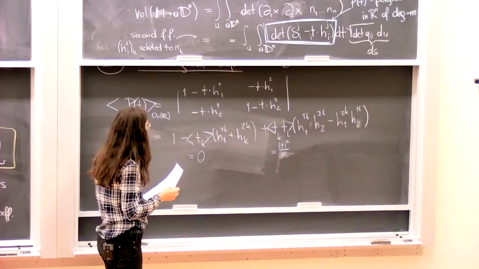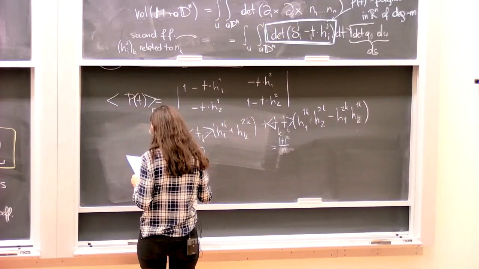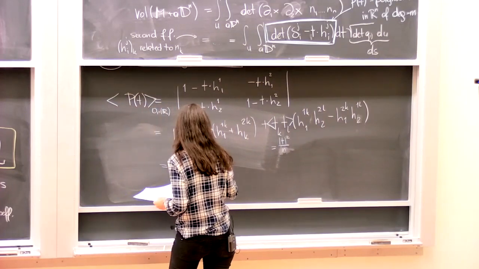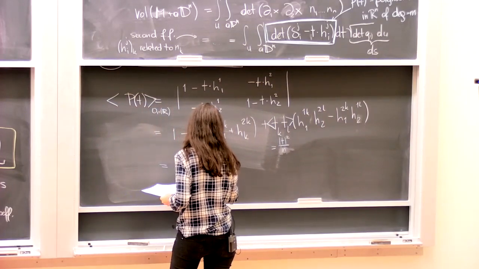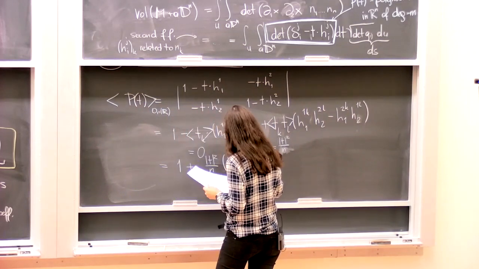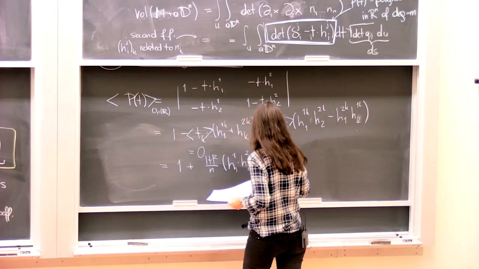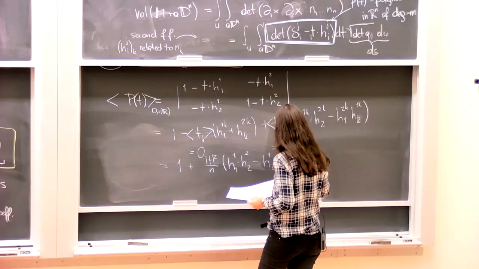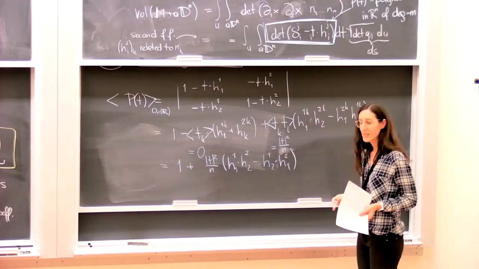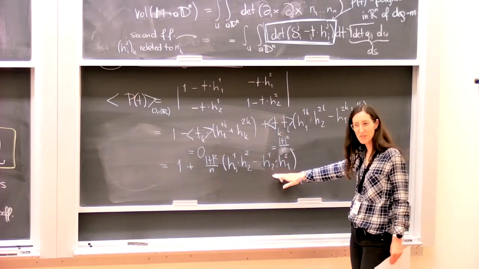So what actually remains after I do this averaging is 1 plus t squared over n times h1 1 2 2 minus the mixed terms. Okay, already looks a little bit better, but we still have the extrinsic curvature here.